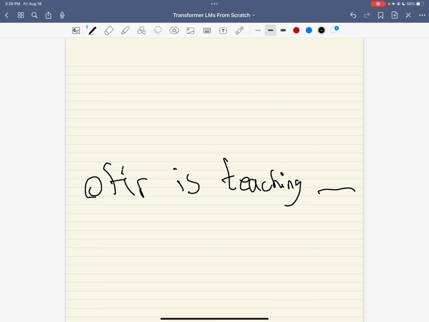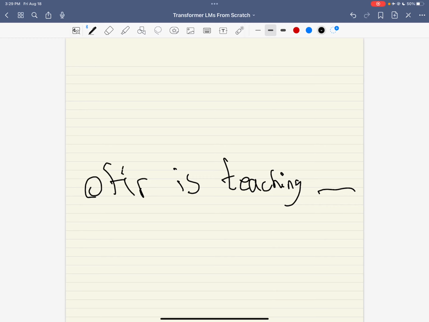In order to do that, the first step is to get a training set of examples. And that's pretty easy. You can just crawl the web, get a bunch of text, and then concatenate it all into one large string. And then you have this big training set to train on.